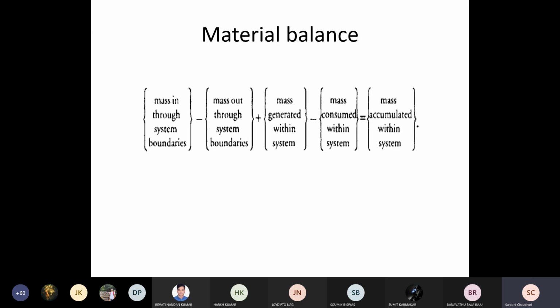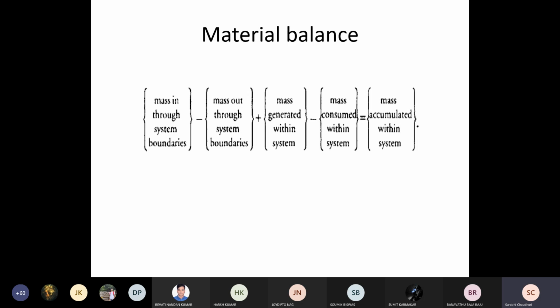Mass coming in through the system boundary, minus mass going out through the system boundary, plus mass being generated within the system, because reaction is going on. So mass being generated, and for generation some mass is consumed.